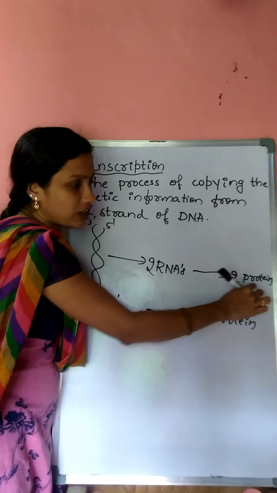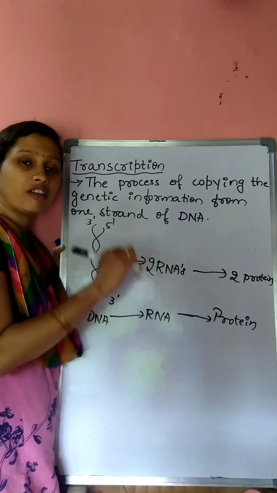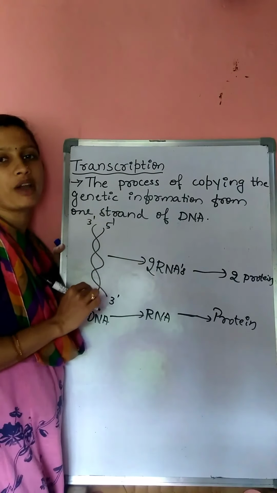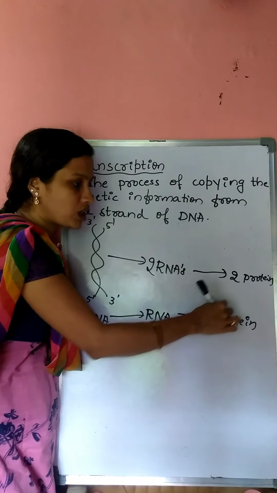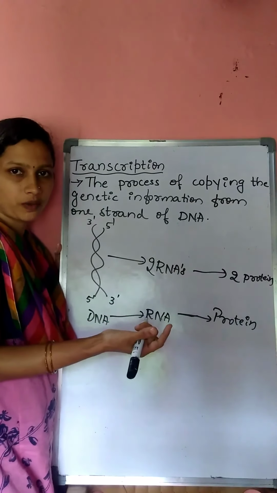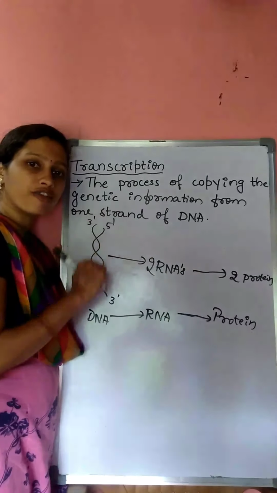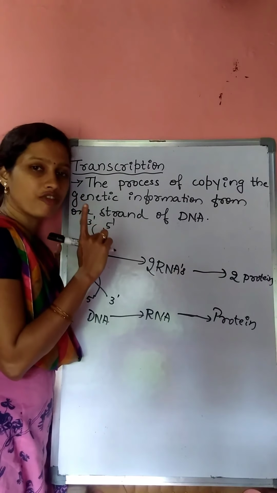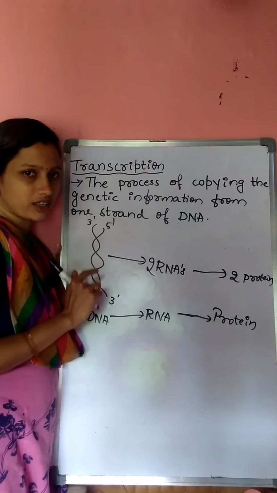Two different types of proteins are nothing but proteins having different sequences of amino acids. The sequence of amino acids in one protein and in another protein will be different. That means two different types of proteins may be produced for one genetic information present in the DNA. This is one reason.